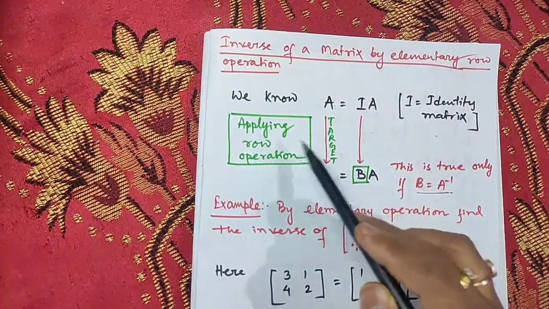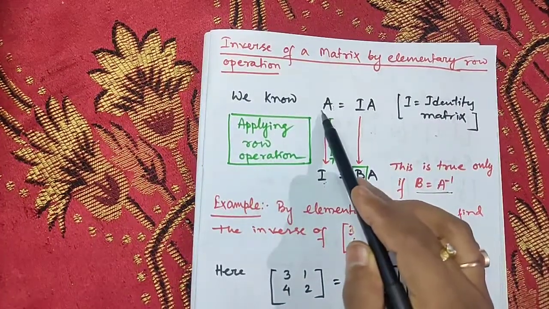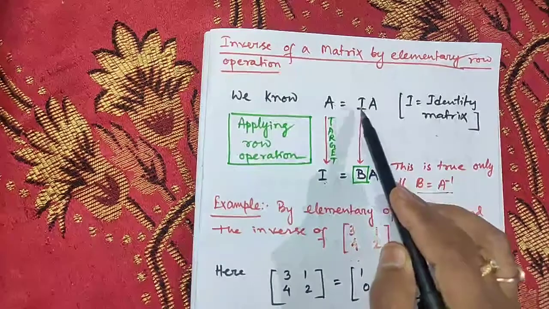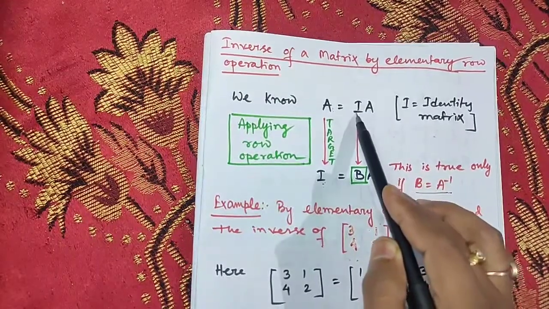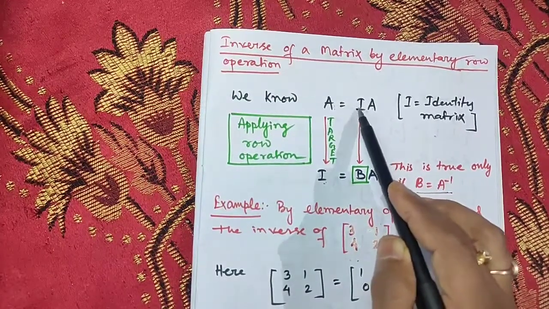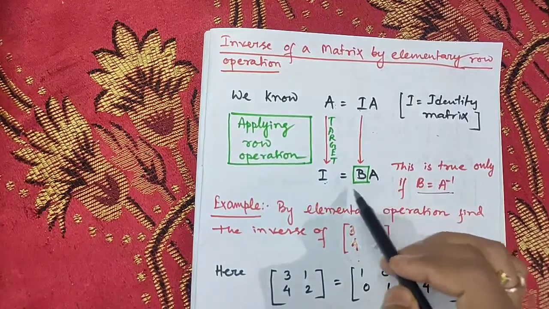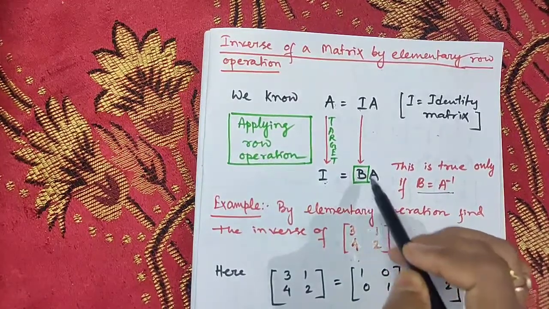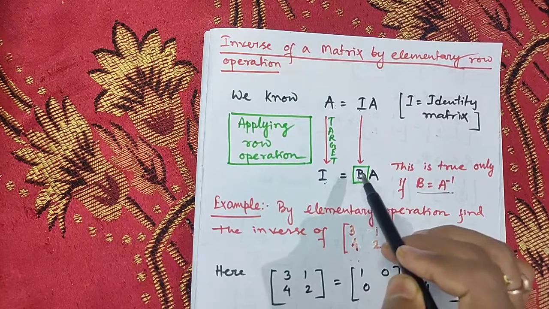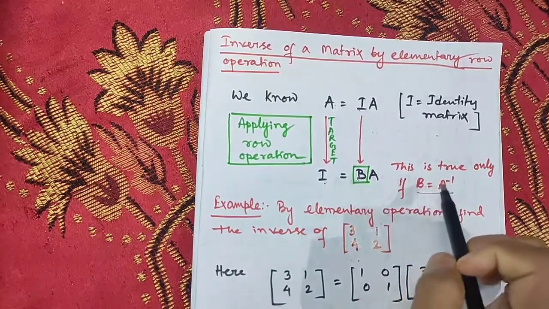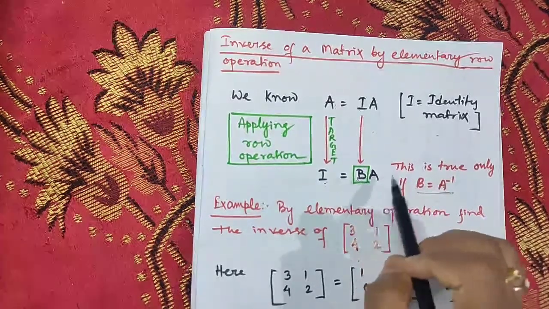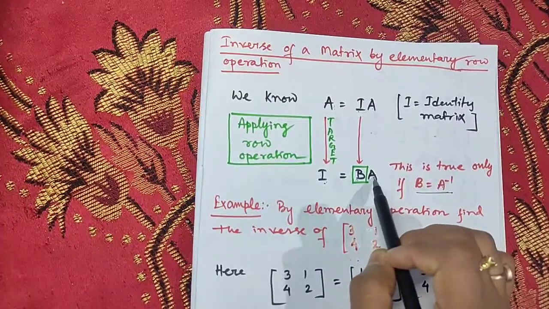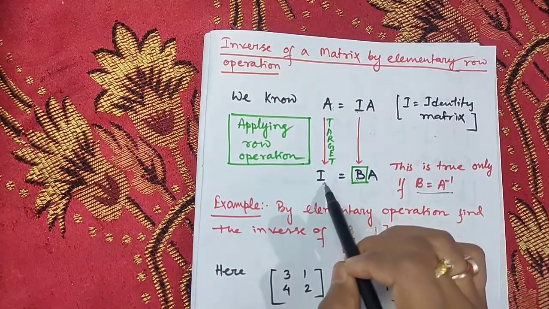And whatever operation you are applying over here, the same operation you have to apply over here also, in I matrix also. And by applying those operations, if you get this B matrix, obviously it will be A inverse, because we know that A inverse into A equals I.